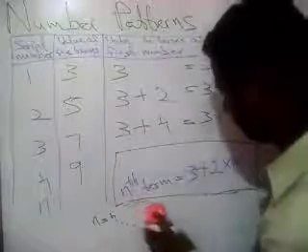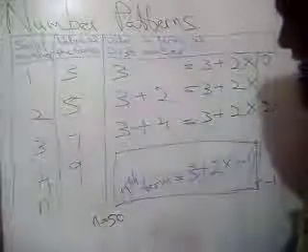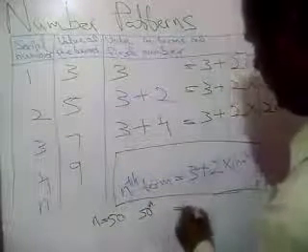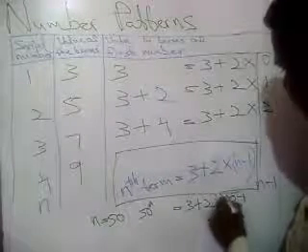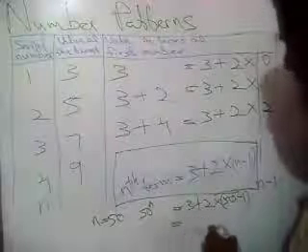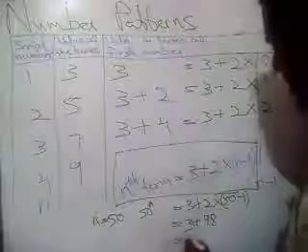Like this, let's say we want to calculate the 50th term of this number pattern. So n will be 50. The 50th term is 3 plus 2 into 50 minus 1. 49 into 2 is 98, so 3 plus 98 equals 101.